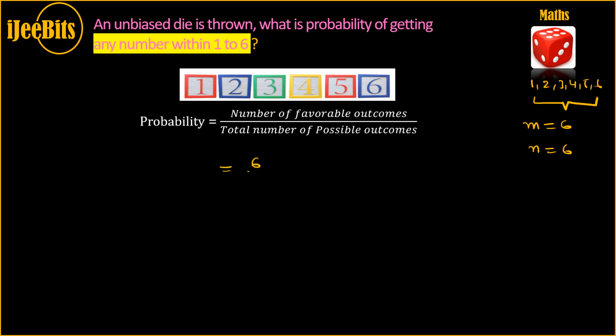So the probability is 6 by 6, which is nothing but 1. This is not an impossible case; it is surely going to happen, because one of the 6 is what you will see when you roll the die. On the number line from 0 to 1, this is the certainly happening case, 100% sure.